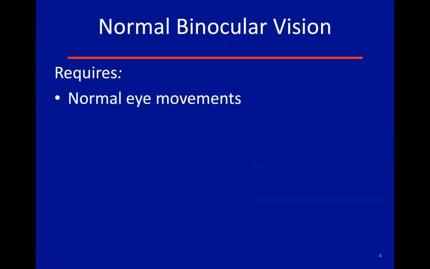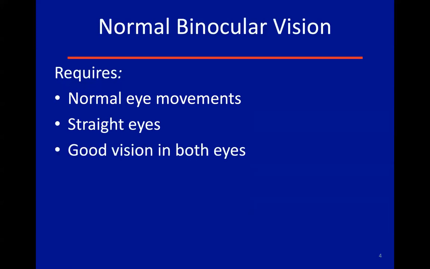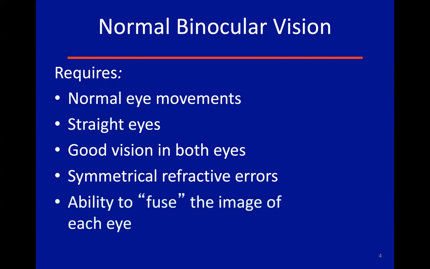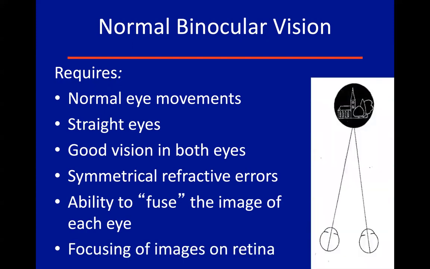What does normal binocular vision require? When we say binocular, we're talking about both eyes, from the word two. You need normal eye movements. You need straight eyes. You need good vision in both eyes. You need symmetrical refractive errors. Whatever refractive error you have, they have to be similar so that one is not different from the other. And you have to be able to fuse the images of each eye, with focusing of the images on the retina.